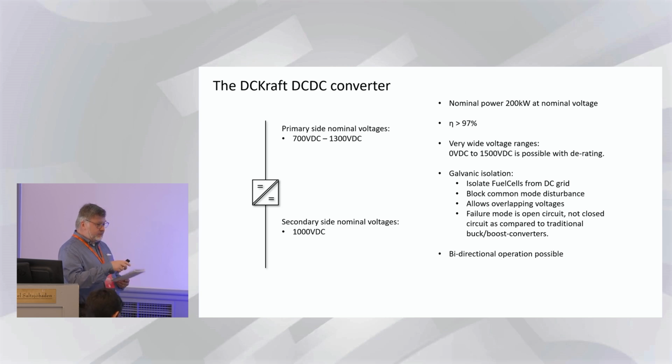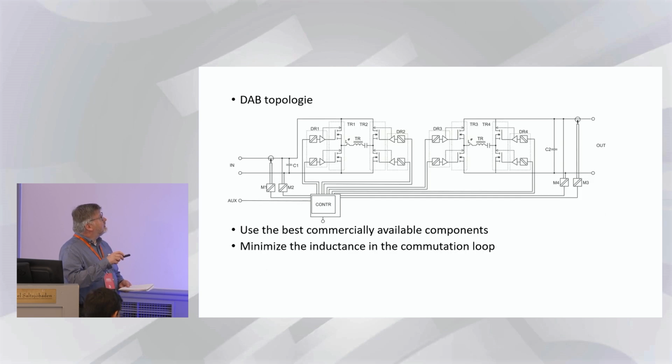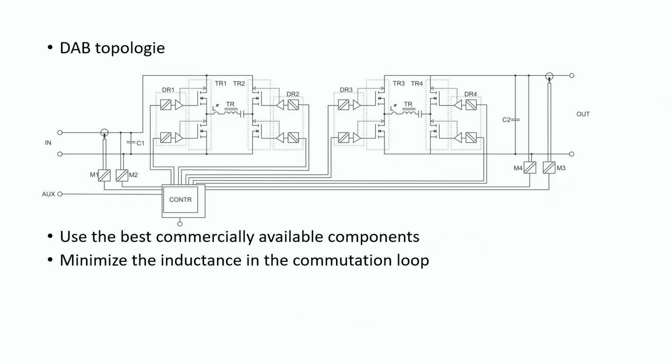So we started to look at what topology is best to fit these requirements. And we ended up with the DAB topology, the dual active bridge. The dual active bridge is quite common in these applications. It's very well known. It consists of two stages that look exactly the same, where each stage consists of two transistor modules, drivers for the transistors.